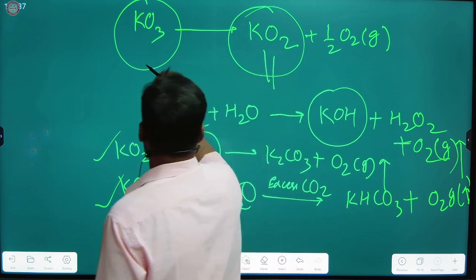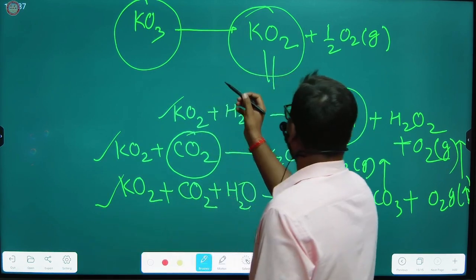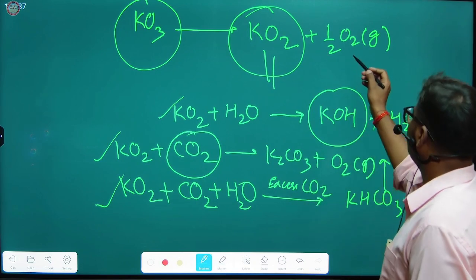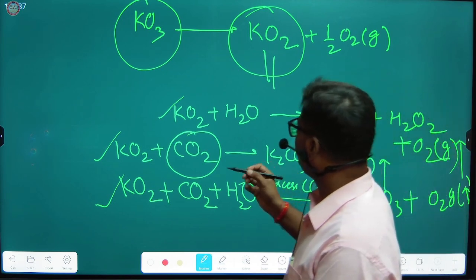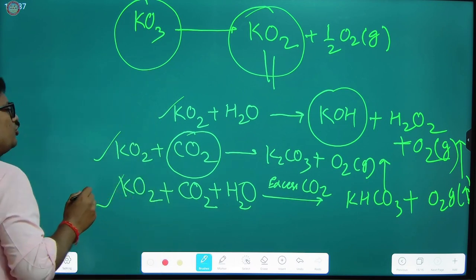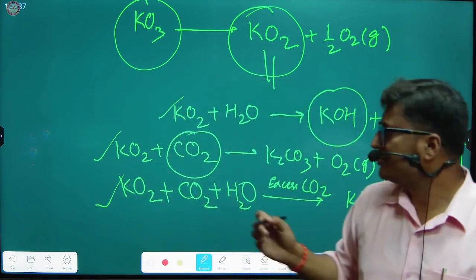Potassium ozonides are thermodynamically unstable and undergo decomposition to form potassium superoxide through the release of oxygen gas. So this is the beauty of potassium ozonides or any other kind of alkali metal ozonides.